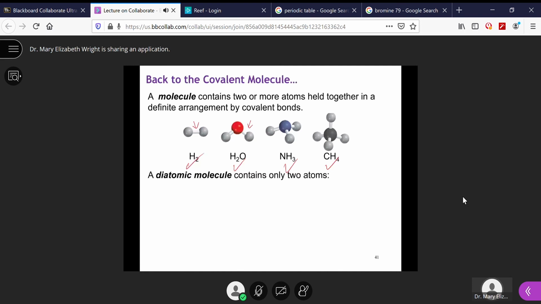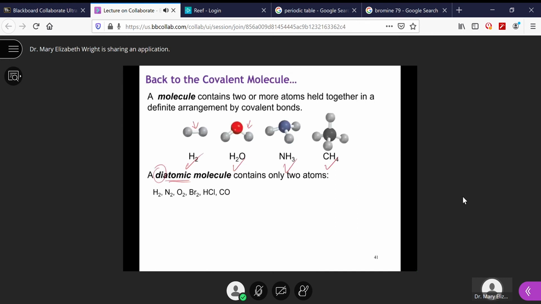We further need to make a few distinctions. We have something called the diatomic molecule, and that's always going to have only 2 atoms. This is quite common, but it's very far from the whole story. Things like H2, N2, O2, Br2 are the same 2 atoms of the same element joined together, whereas sometimes you have 1 hydrogen and 1 chlorine, for example, or 1 carbon and 1 oxygen.